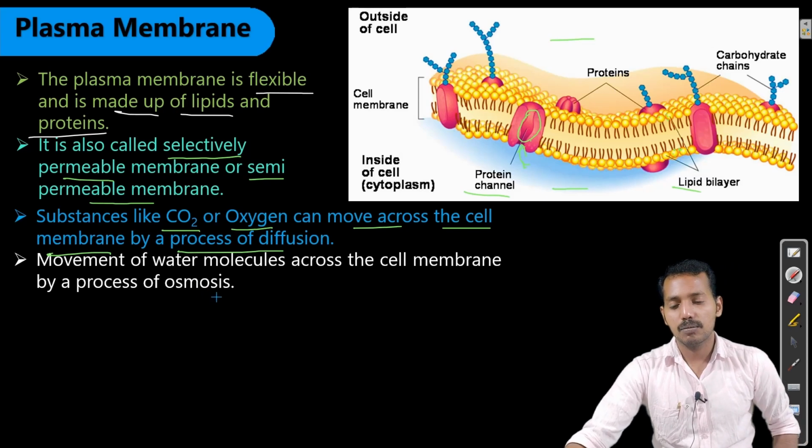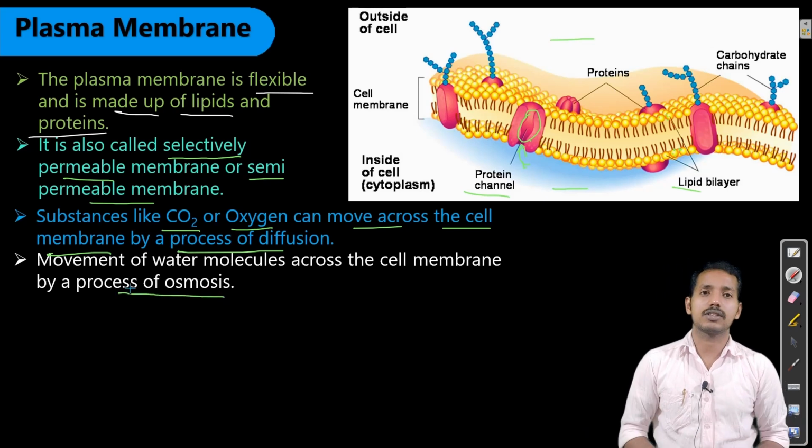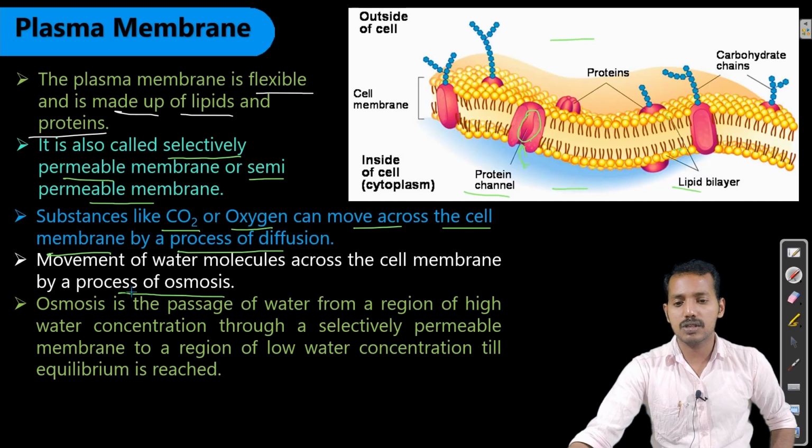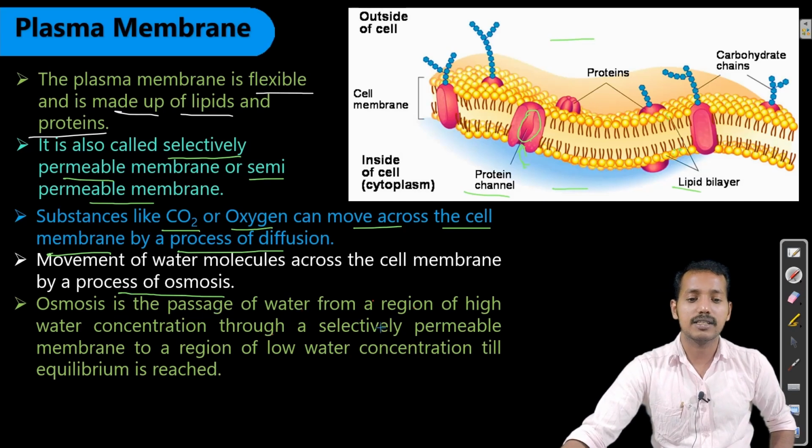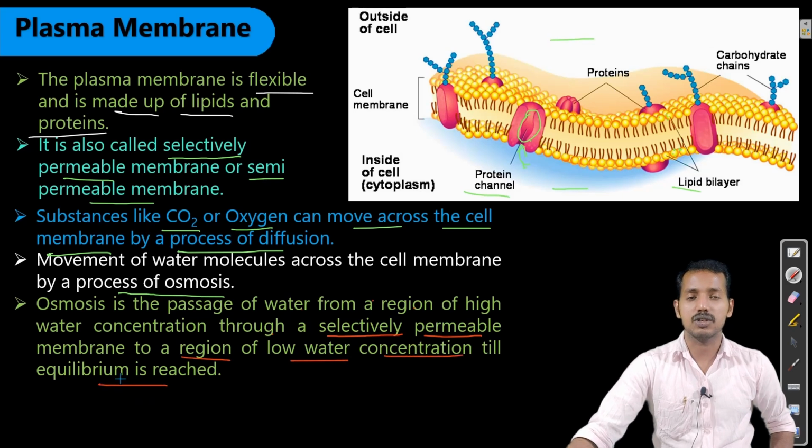So that process is called osmosis. That is, osmosis is the passage of water from the region of higher concentration through a selectively permeable membrane to a region of low water concentration till the equilibrium is reached.